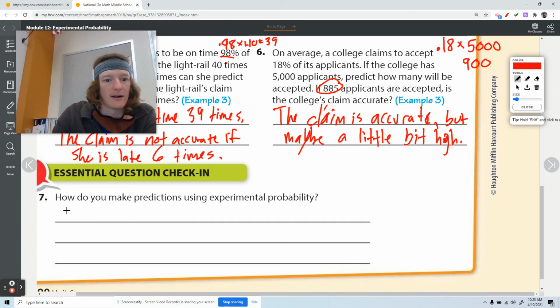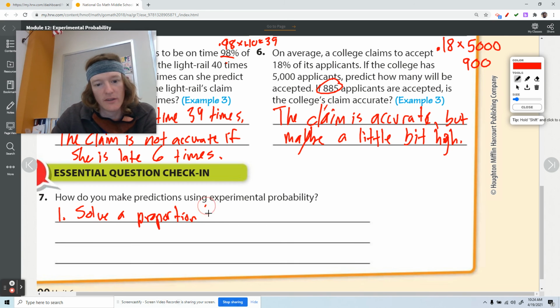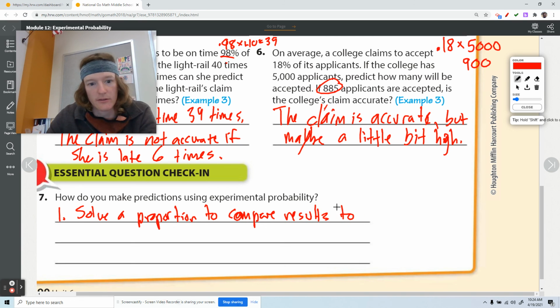The first way is we can solve a proportion to compare results to percents.